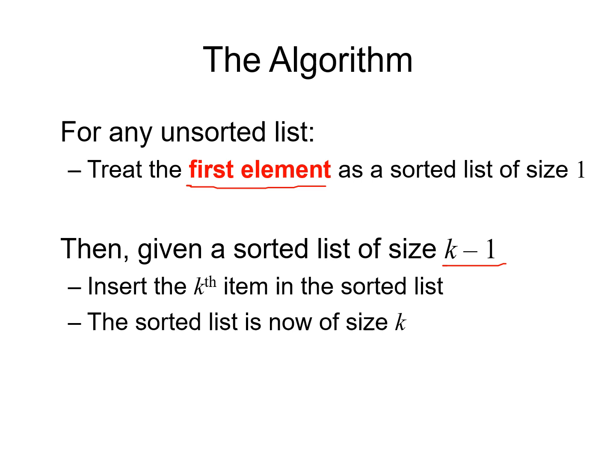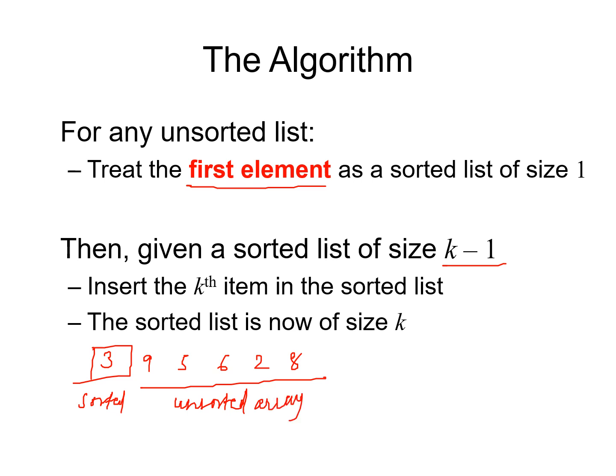Let me give one example. Suppose you have an array with elements 3, 9, 5, 6, 2 and 8. As I told you, the first element will be part of the sorted array and the remaining 5 elements will be part of the unsorted array.